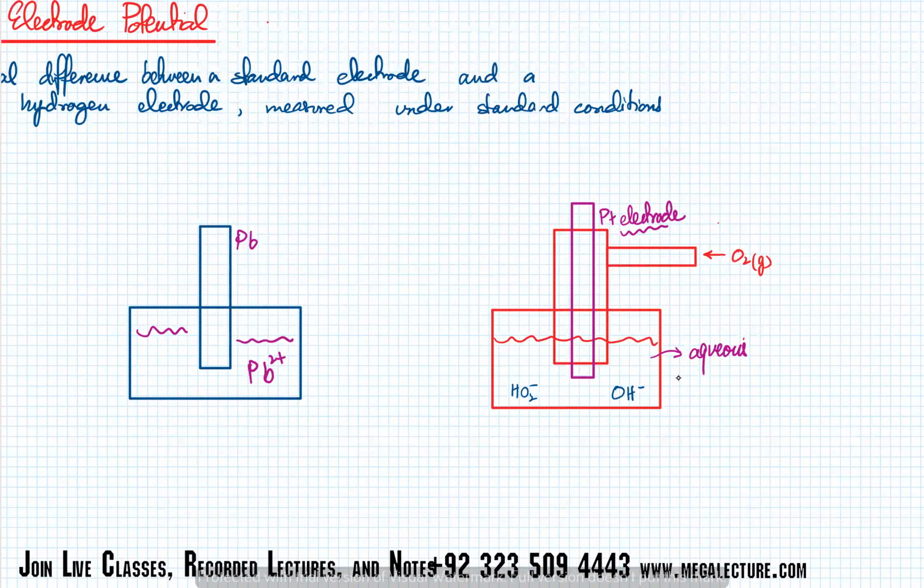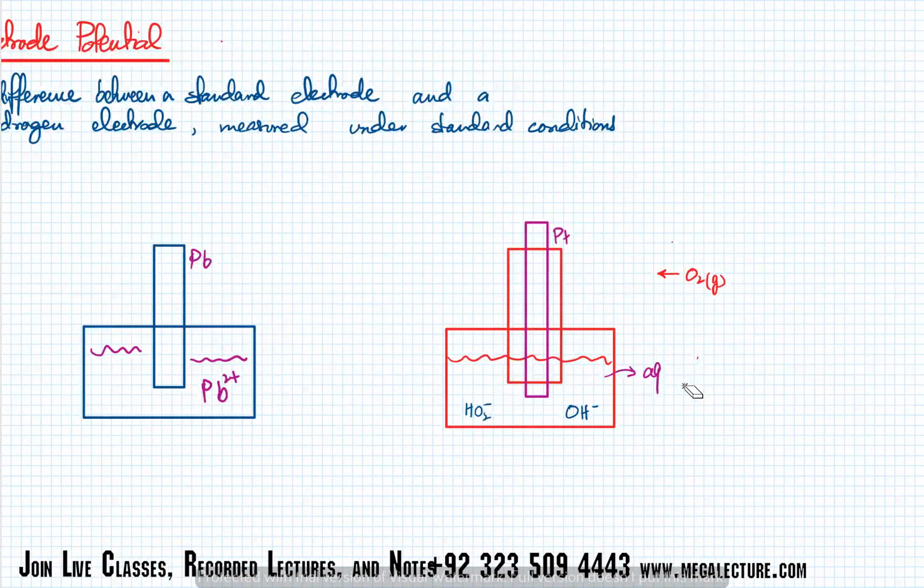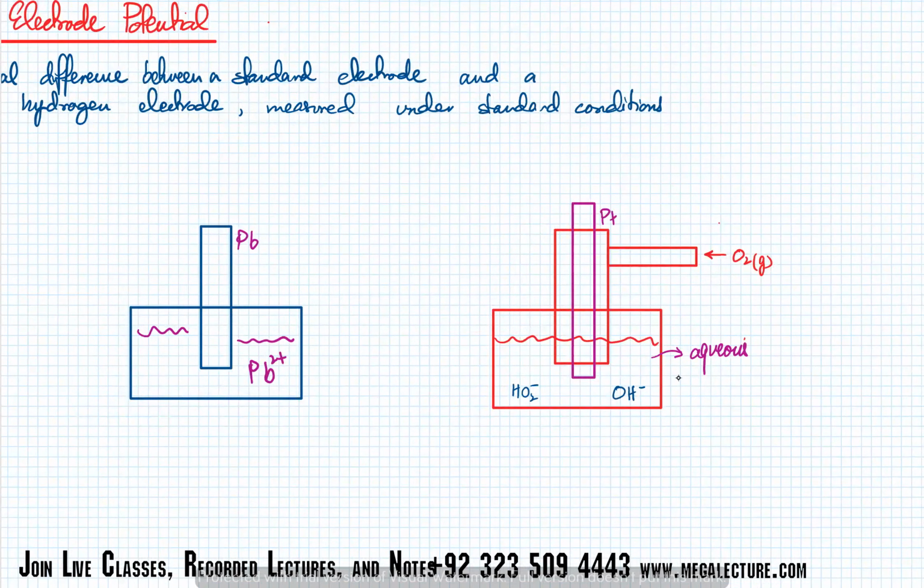So the hydrogen electrode is this one. It's 2H+ gaining 2 electrons. So there is H2 gas, and there is H+. The middle part, that's your platinum electrode, and you're going to connect them together.